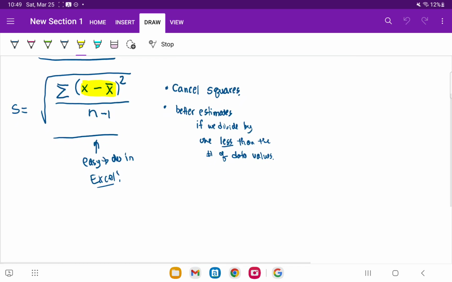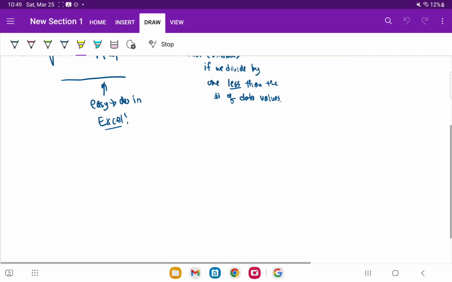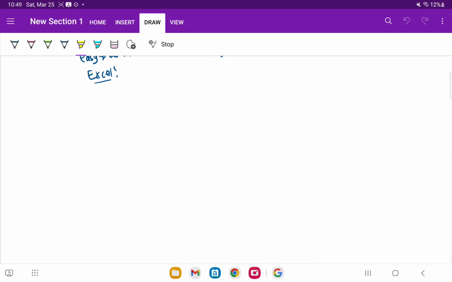Okay, I'm going to pull this up a little bit, and I'm going to look at this formula. Let me get rid of that and use the correct pencil. So I'm adding up each data value minus the mean squared, dividing the whole thing by n minus 1.